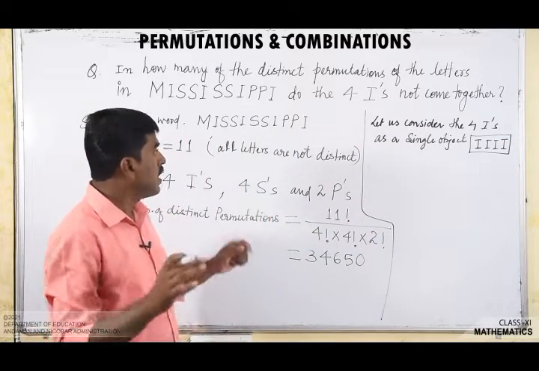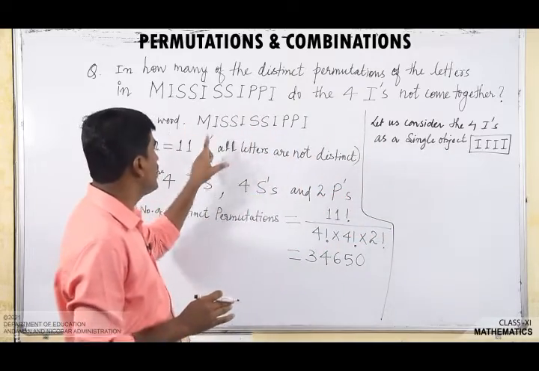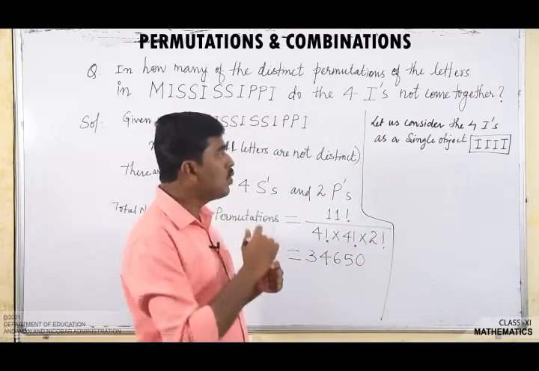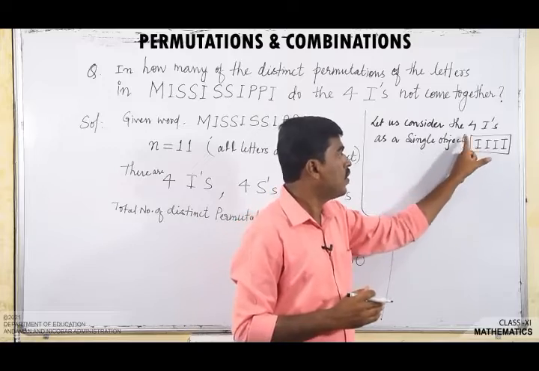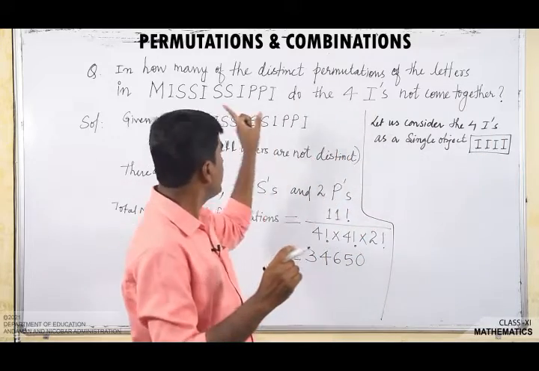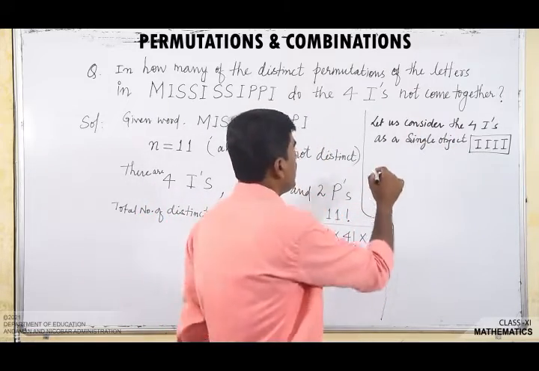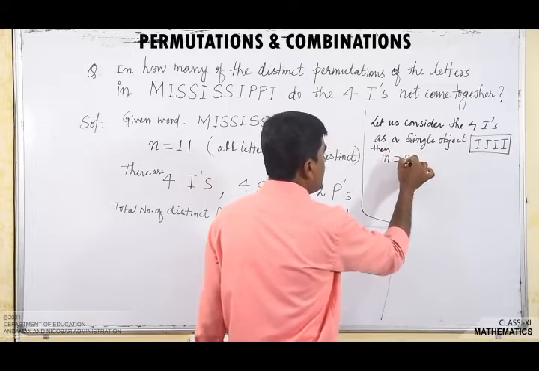That means excluding these i's, how many letters are remaining? 11 minus 4, that is 7 letters. Then include this single object. If these 4 i's are treated as a single object, then the remaining 7 letters including this single object make the total number of letters, n, equal to 8.